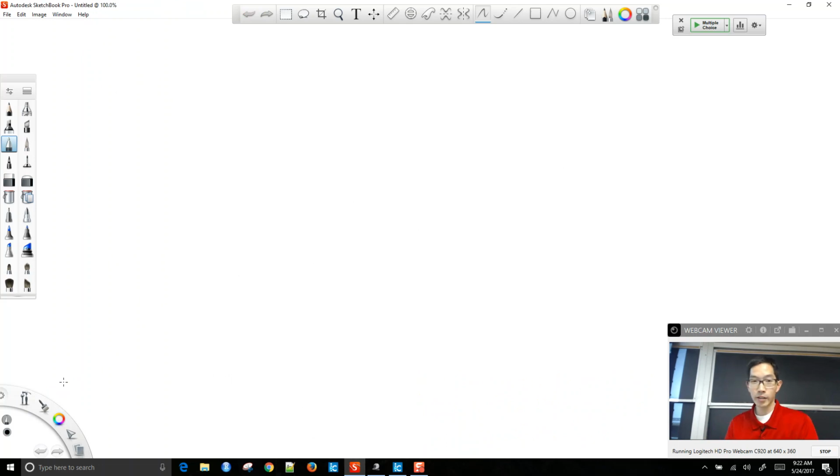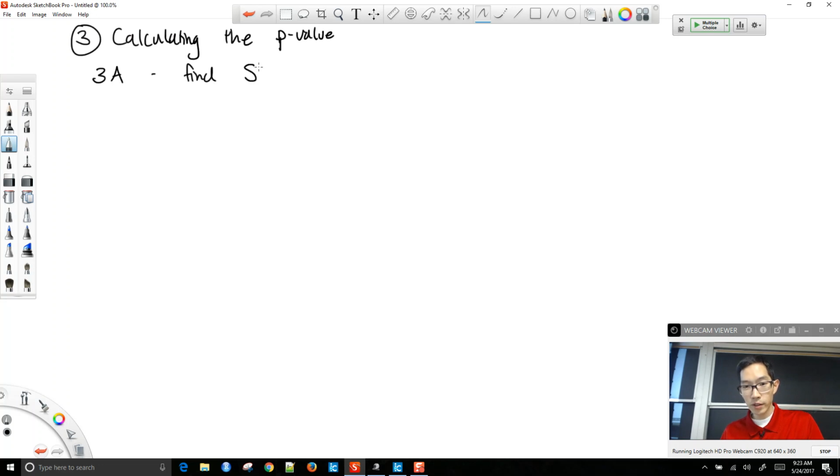All right. Here is part 3, the calculations. Calculating the p-value. Calculating the p-value itself can be broken down into a few parts. So I'll have step 3a, which is going to be find the standard error.